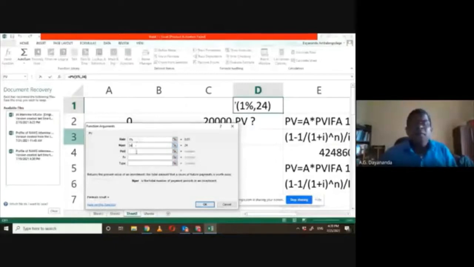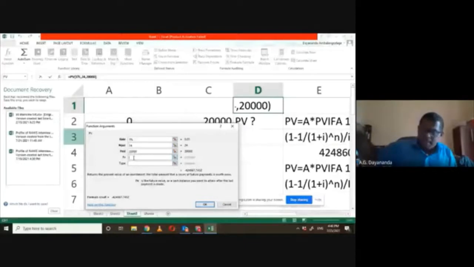PMT means the payment, how much you deposit each month, and you remember each month you are depositing 20,000. If there is any future value you can put it, otherwise you make it 0. Future value means at the end of the period there may be another lump sum. If it is not there, you just leave it.